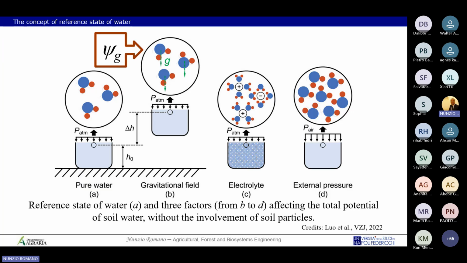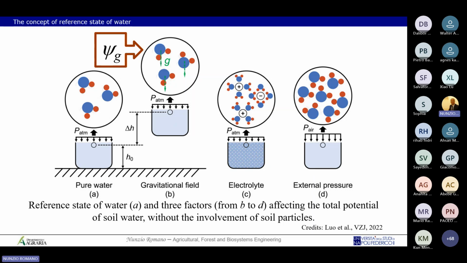So the water molecules are now subject to the effect of gravity and the effect of the difference of elevation between the molecule in this higher location compared to the reference. So keep in mind that everything is referenced to the definition of the zero potential.